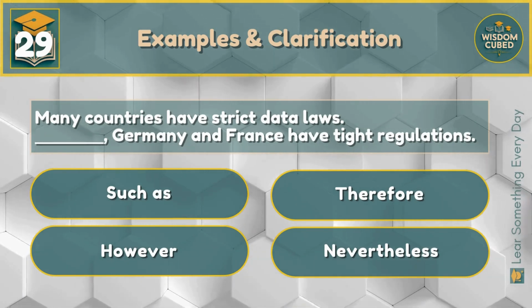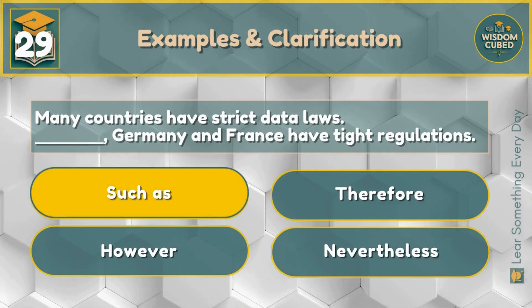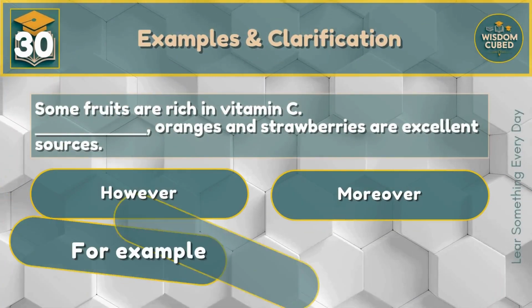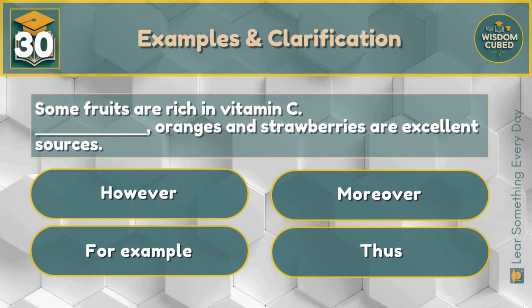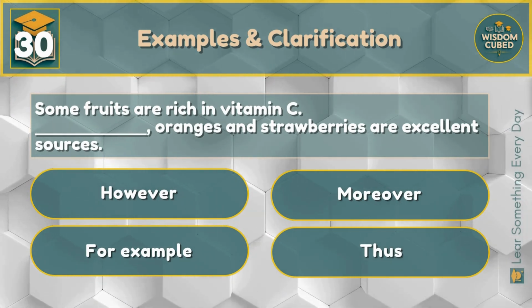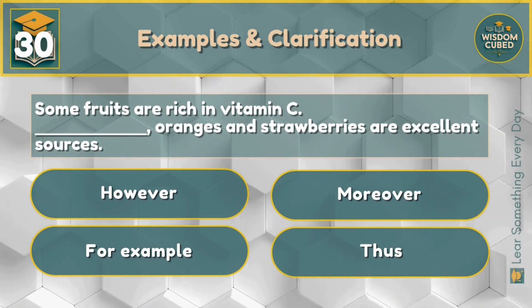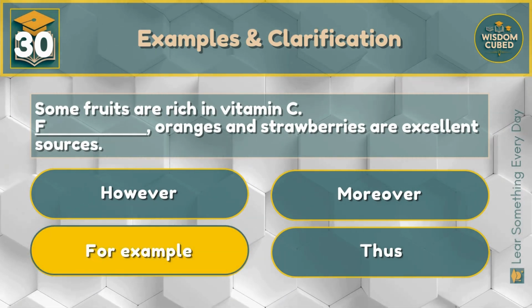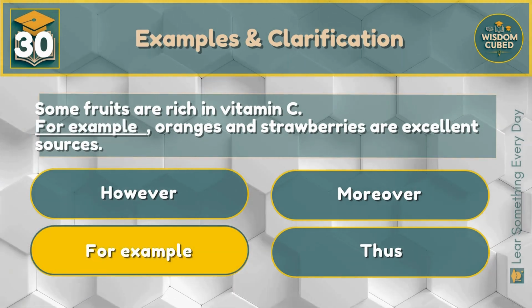Many countries have strict data laws, such as Germany and France have tight regulations. Some fruits are rich in vitamin C. For example, oranges and strawberries are excellent sources.